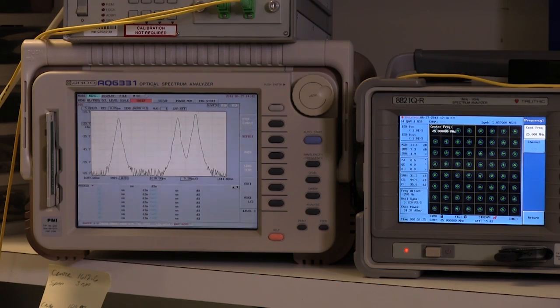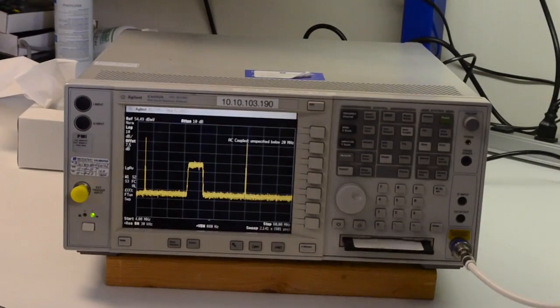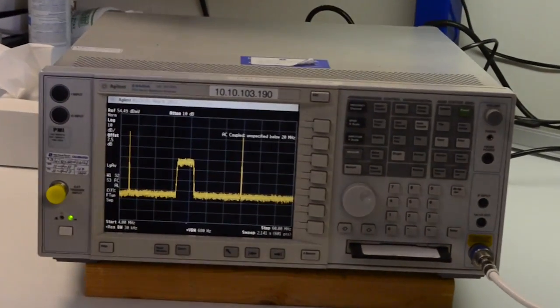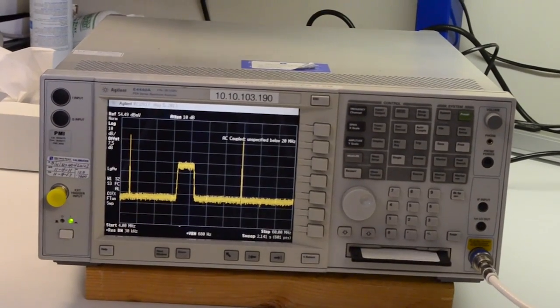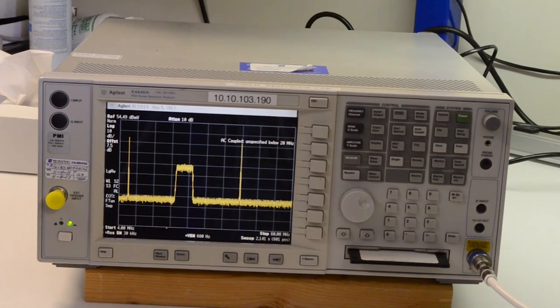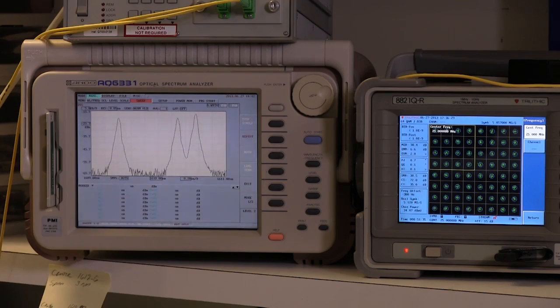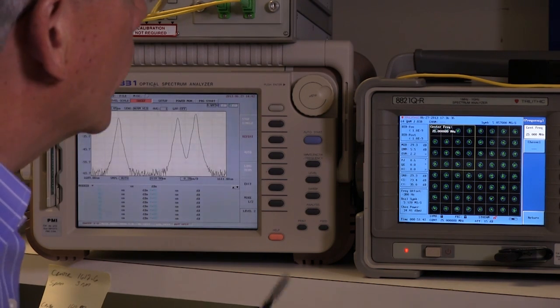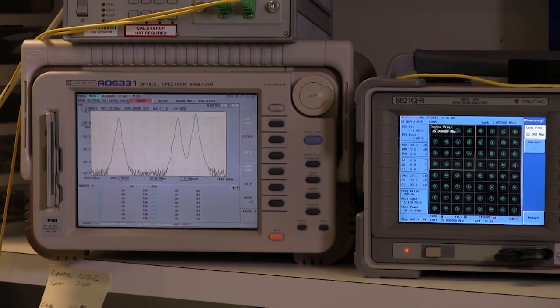Now you can see it start moving around as these peaks become one. Our MER now is down to 29.3.